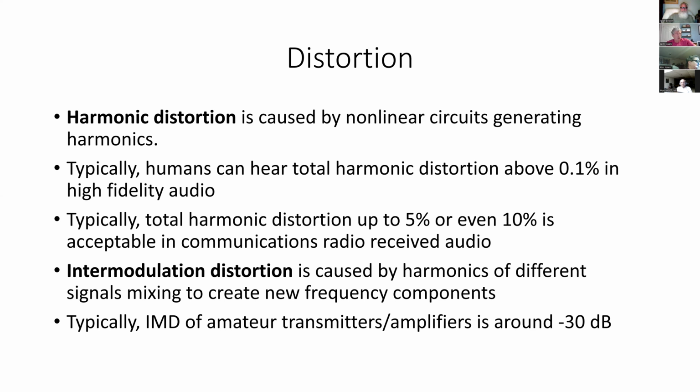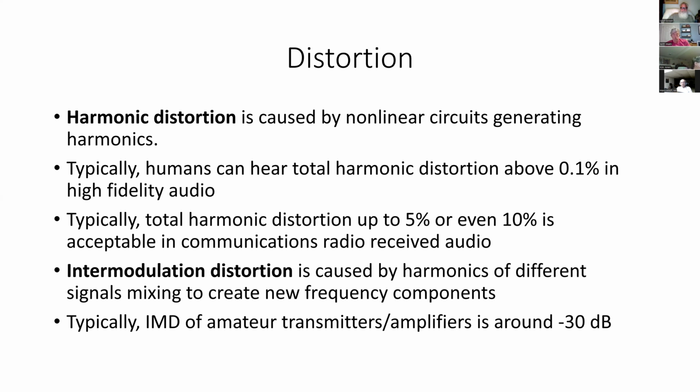That's because of distortion. There's another kind of distortion called intermodulation distortion, caused by harmonics of different signals mixing to create new frequency components. Typically, the intermodulation distortion of amateur transmitters and amplifiers is around minus 30 dB, or about 1/10 of 1% in power, that you can hear at audio.